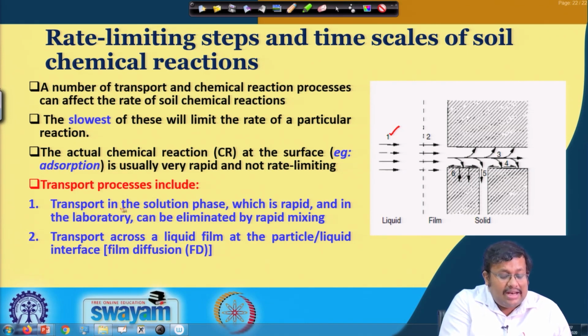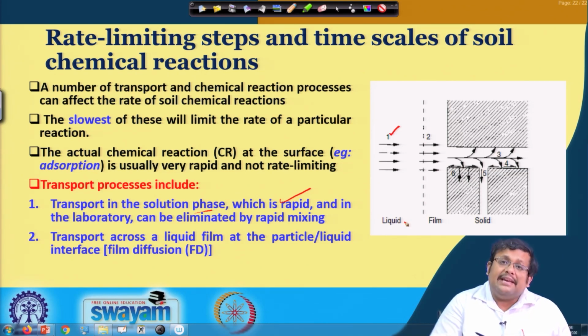So, soil chemical reaction involves the transport in the solution phase, which is basically very rapid, and in the laboratory when we basically mix the soil with some liquid chemical with rapid mixing, then it will resemble the transport in the solution phase, as you can see here.